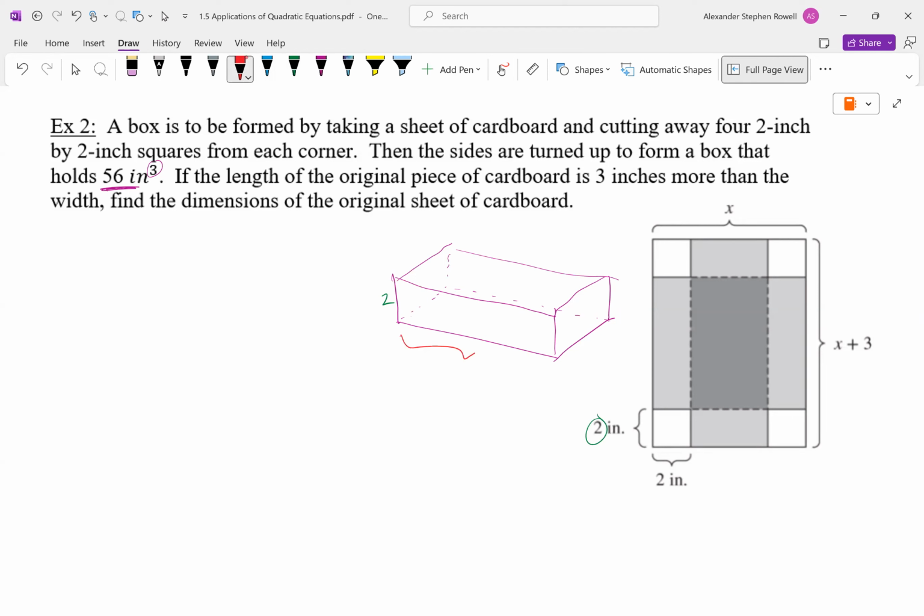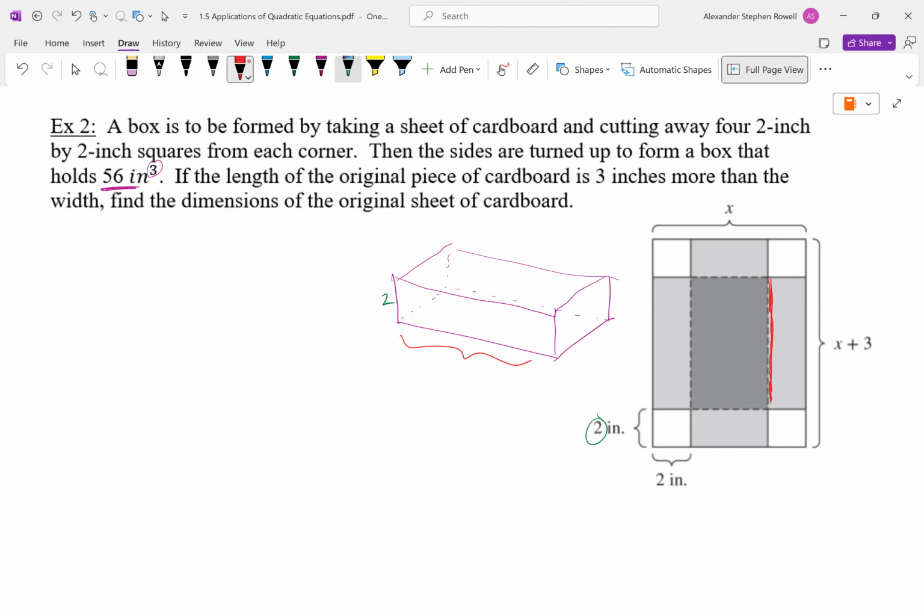What is the length? x plus 3 would be before I folded it up, right? I'm taking the x plus 3 and I'm folding this edge up and folding that edge up. So what should it be? What I'm really asking for is what is this size here, right?